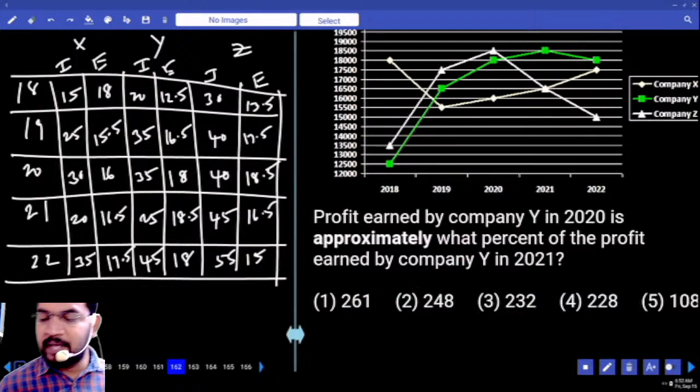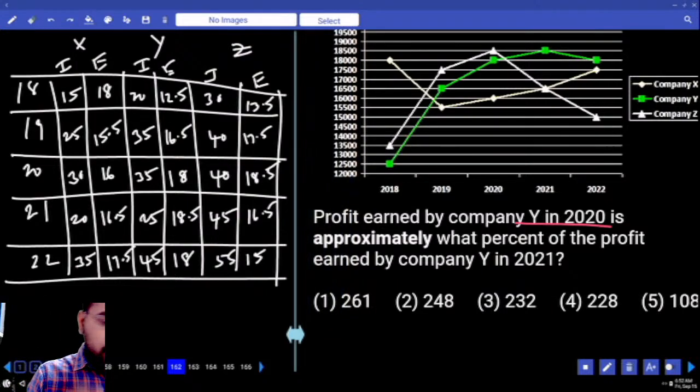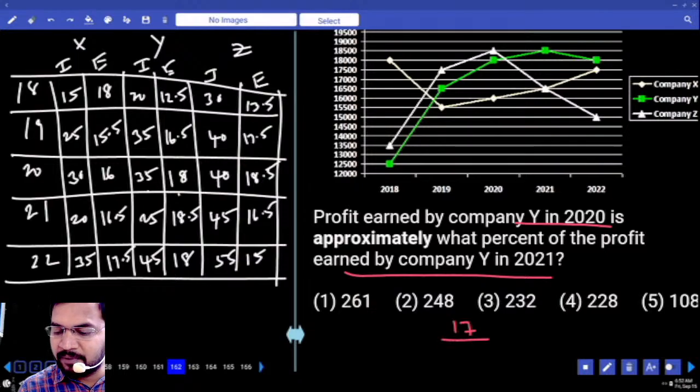Profit earned by company Y in 2020. Company Y 2020: 35 minus 18, the difference is 17. The profit is 17. That is what percentage of the profit earned by company Y in 2021? Compared with 2021, the difference is 6.5.